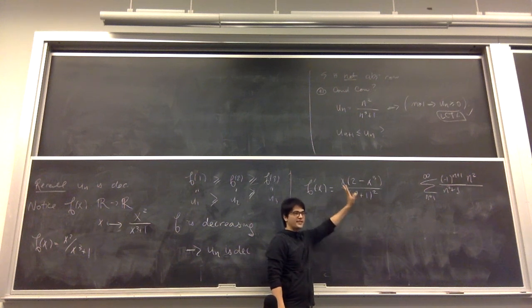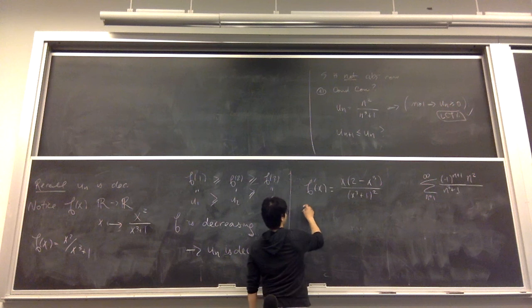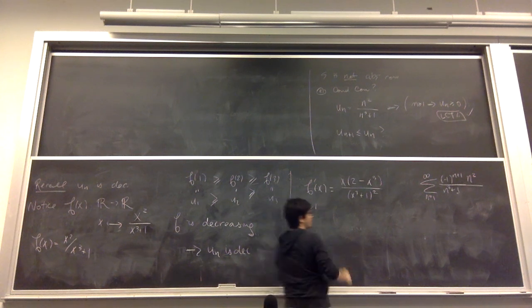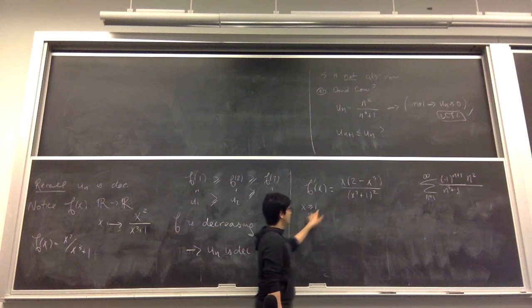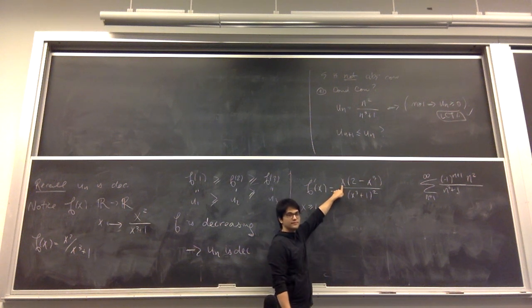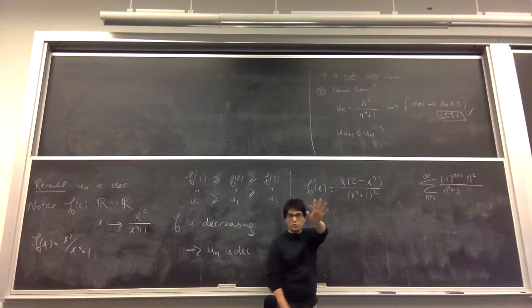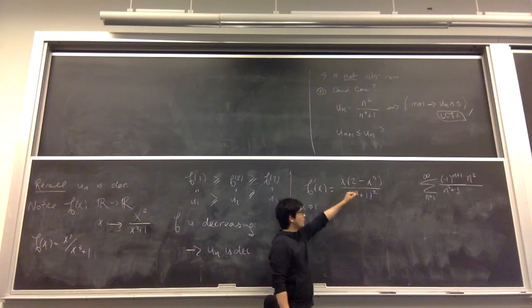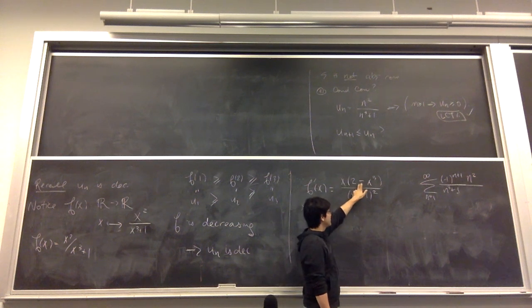Always positive, so that's not going to contribute to the sign. We also know that x has to be bigger than 1. That's where we're starting. So if x is bigger than 1, that's positive. So what's the thing controlling the sign of this function? Well, 2 minus x cubed. Cube root of 2. So the only thing that can change the sign of this fraction is this term.